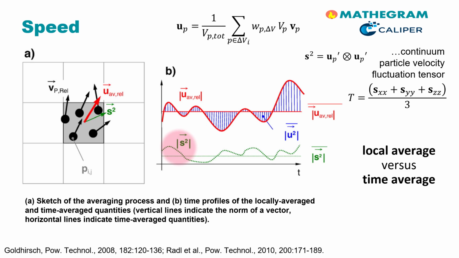Clearly, we must not confuse a local average quantity with a time average quantity, since these quantities can have very different meanings. To sum up this slide, defining particle velocities relevant for continuum theory should be done in a careful way.